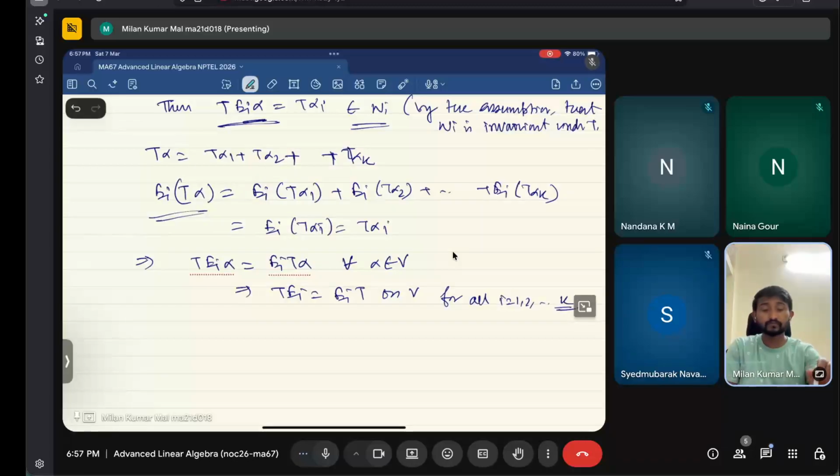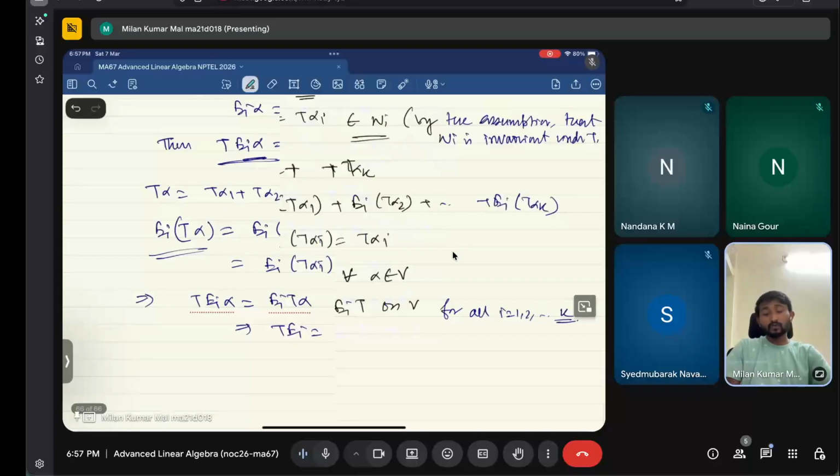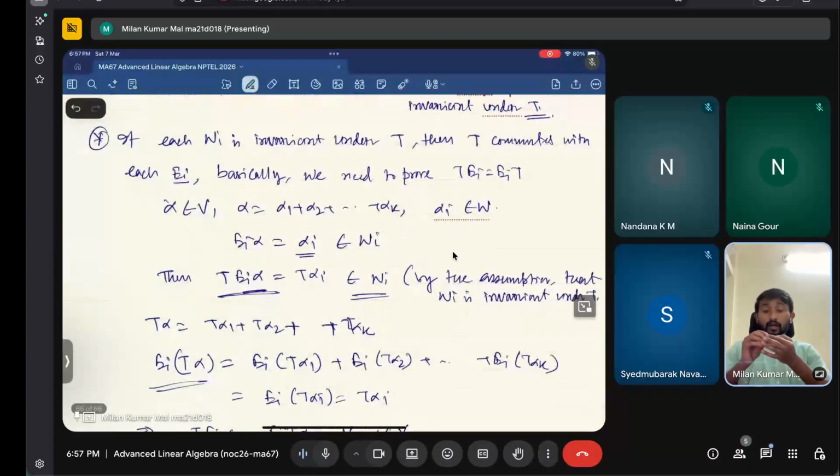For all k. Okay. So what I am trying to say here is, note that if you have a linear operator T on a vector space V, which is a direct sum of W1, W2, up to Wk, and E1, E2, up to Ek are the orthogonal projections on the subspaces Wi, then if T commutes with Ei, that means Ti equals EiT, then Wi is invariant under T, right?